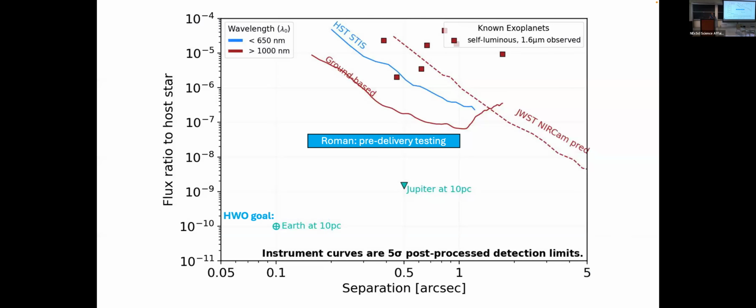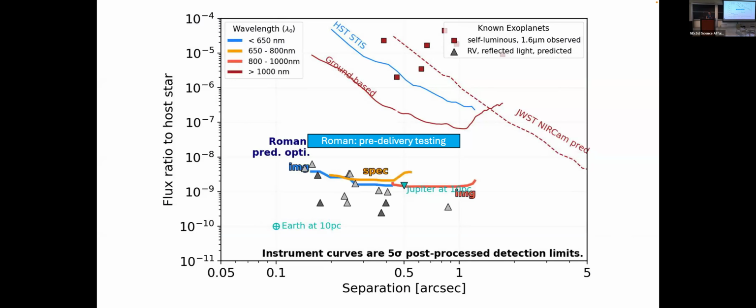So where is the Roman coronagraph in the context of this big picture? With our pre-delivery instrument testing, before it was integrated into the spacecraft, it got to contrast levels of a few times 10 to the minus 8 just in lab testing. We don't think that's the final performance limit, for various reasons to do with the time and conditions available to us during testing.